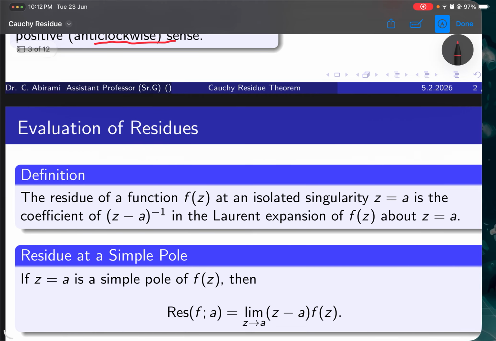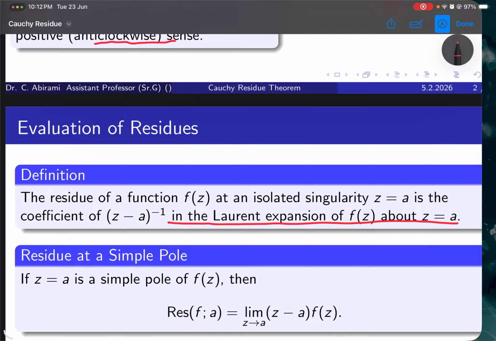So the residue of the function f of z at an isolated singularity z is equal to a is the coefficient of z minus a the whole to the power minus 1 in the Laurent expansion of f of z about z is equal to a.